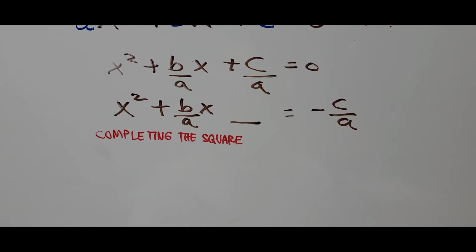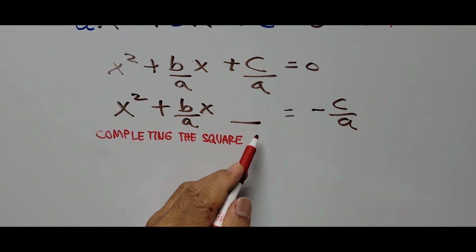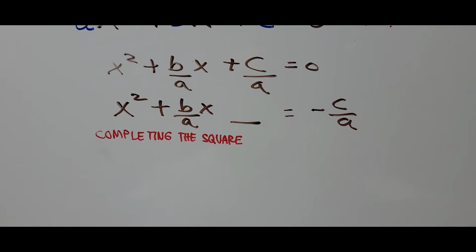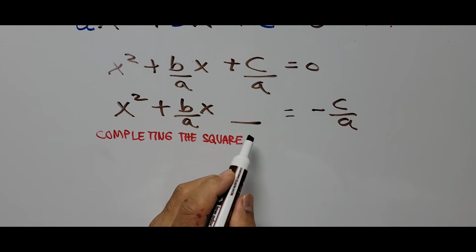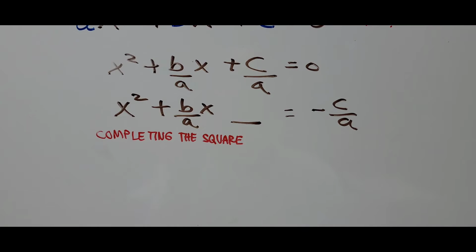By completing the square, we get to find the third term of this polynomial. In completing the square, think of a constant value that would fit on the third term to make this polynomial a perfect square. Let's do that by factoring, right?